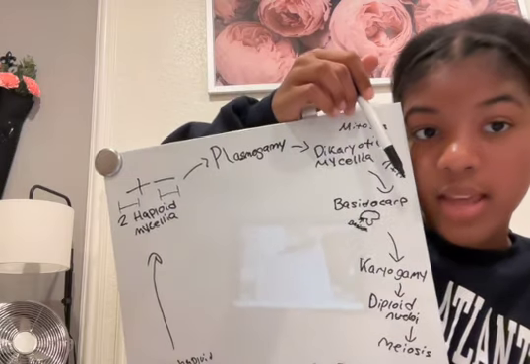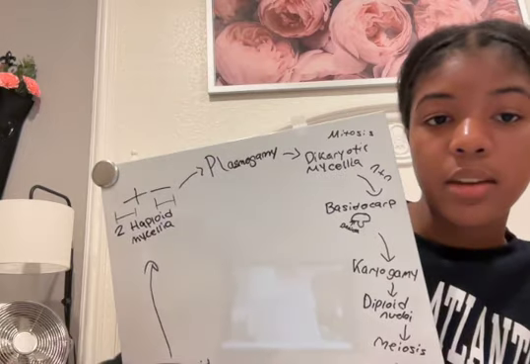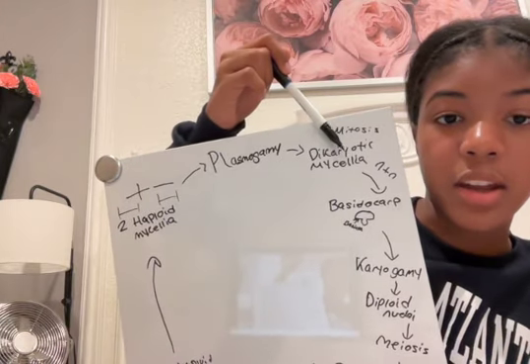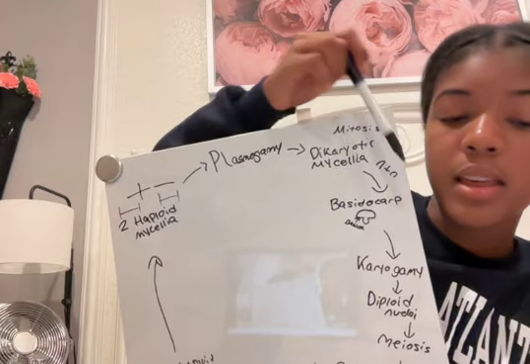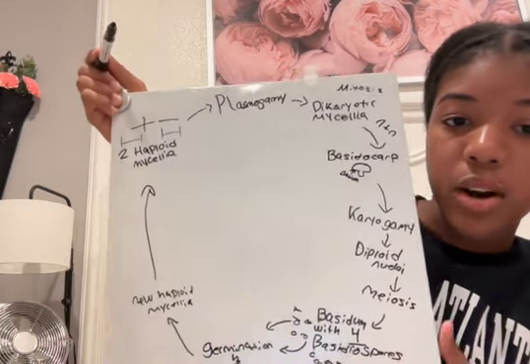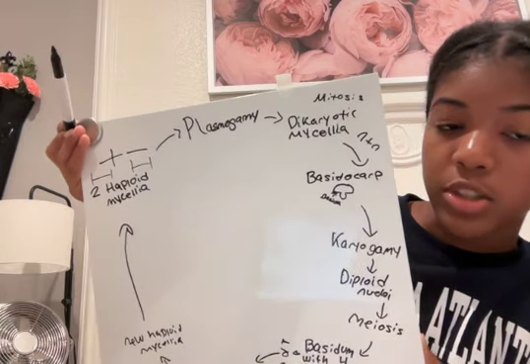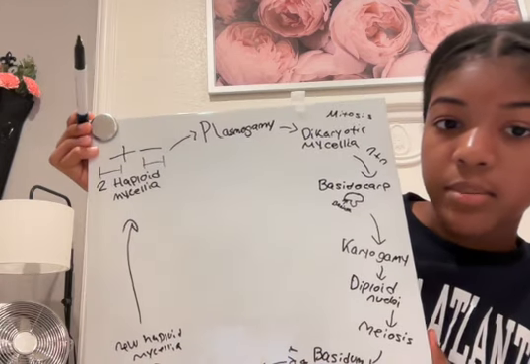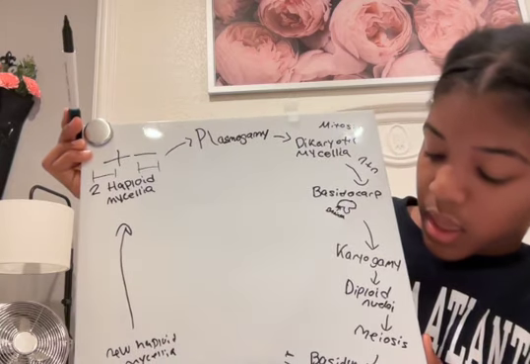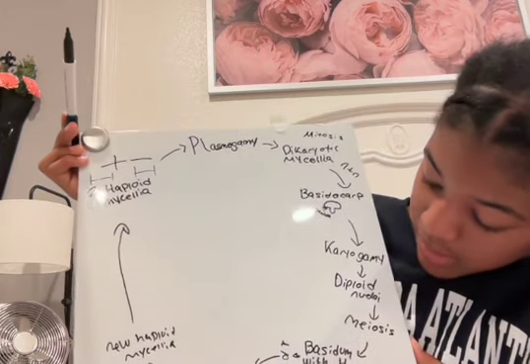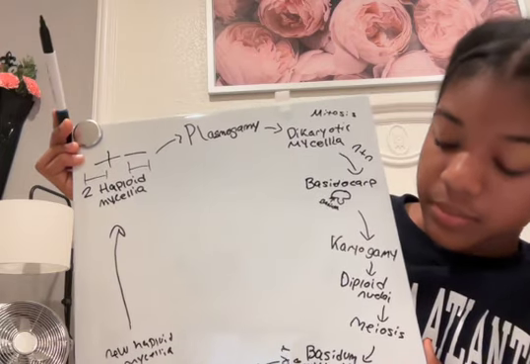And now we are N plus N, our dikaryotic stage. And then this dikaryotic mycelia produces the basidiocarp. And the basidiocarp has the gills, which contain the basidia. The basidia then undergo karyogamy, which creates diploid nuclei, and that undergoes meiosis.